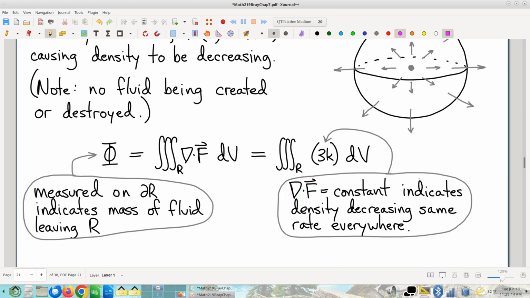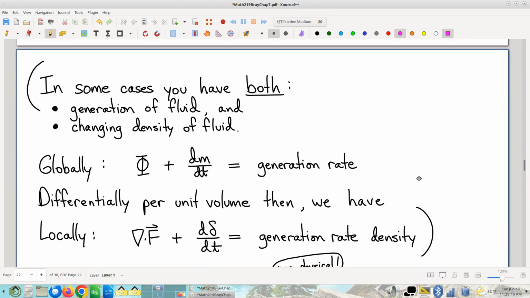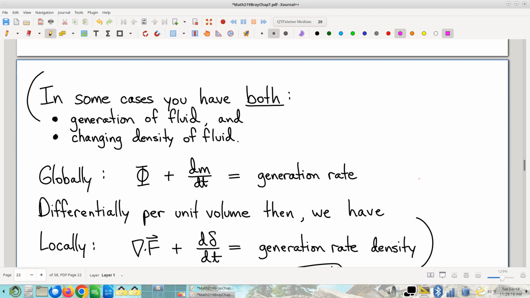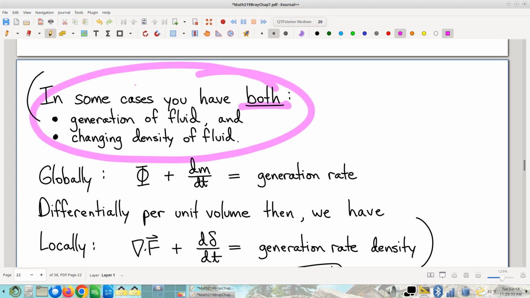All right, now, just to let you know, this is just a hand-waving reference. This is not part of the course. You don't have to know this, but just as foreshadowing, to put this on your radar, there are some kinds of fluid where both of these things happen, where there is a generation of fluid, like with the photons coming out of the light bulbs, and furthermore, the density may also be decreasing over time.